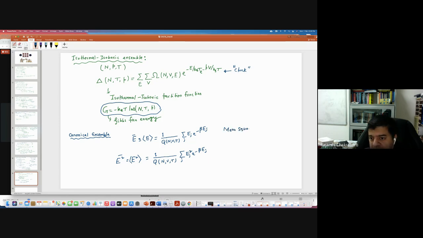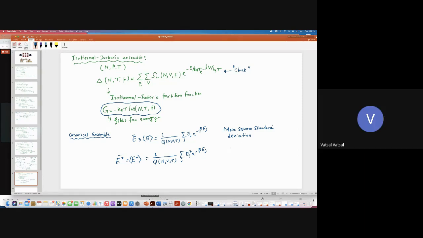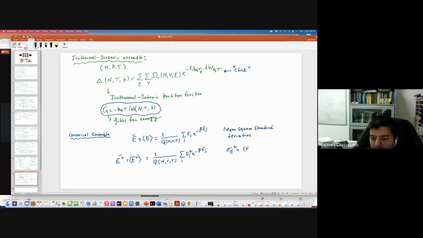What was the definition of the mean square standard deviation? The square root of the expectation value of the squared quantity. I remember that it is E minus E average, take the square of that and then take an average, isn't it?